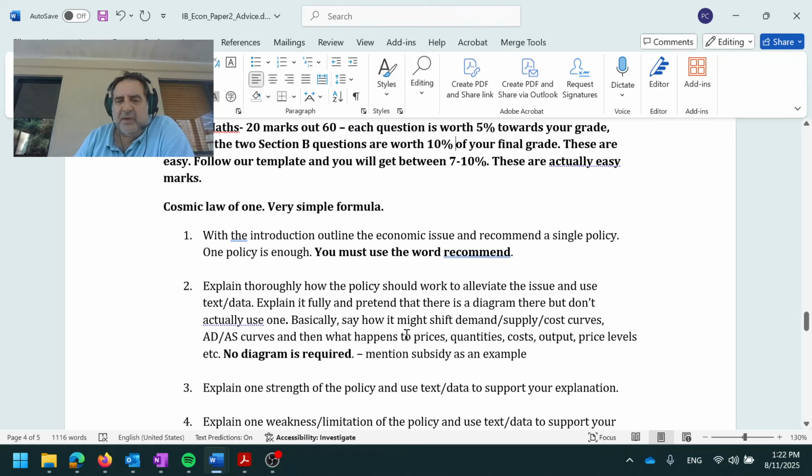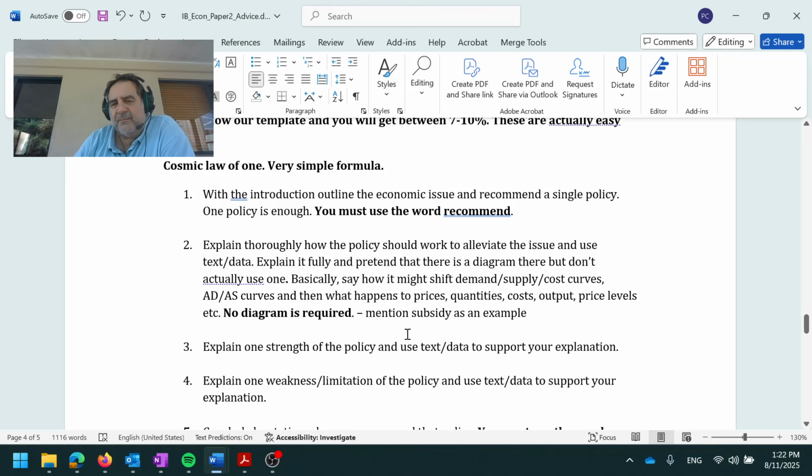Okay, second bit. Once you've outlined the issue and recommended policy, then the next step is to explain the policy thoroughly, and in particular, you should explain how it works to alleviate the issue that's presented in the case study. And of course, as you go along, you should use any text and data that's in section A to support your explanation.